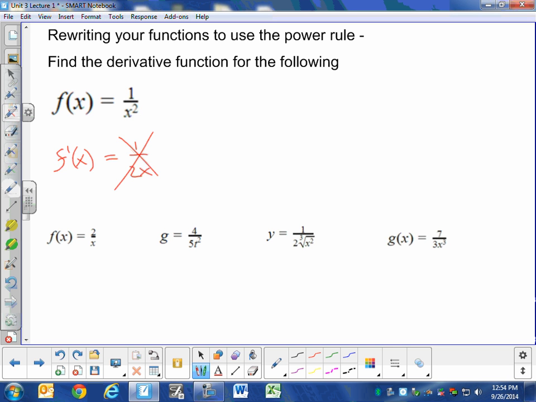The power rule does not work if your variable is taken to an exponent in a denominator, if it's in a quotient. The power rule only works when you have your x to a power in a numerator. Only works when x to the n is in a numerator.